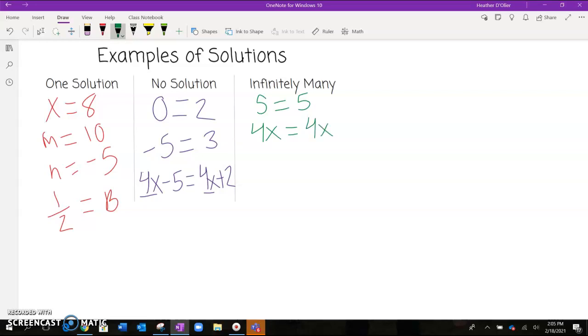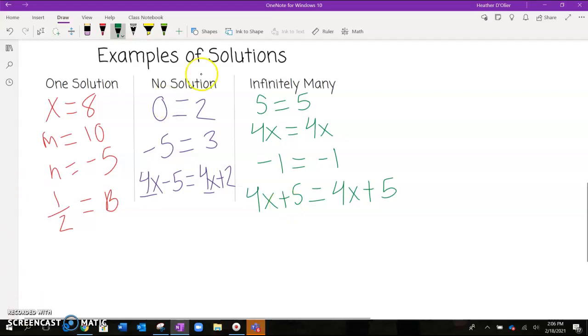There are infinitely many answers. If I get that -1 equals -1, there are infinitely many answers. If I get that x plus 5 equals 4x plus 5, there are infinitely many answers because that's true. They're the exact same thing on both sides.